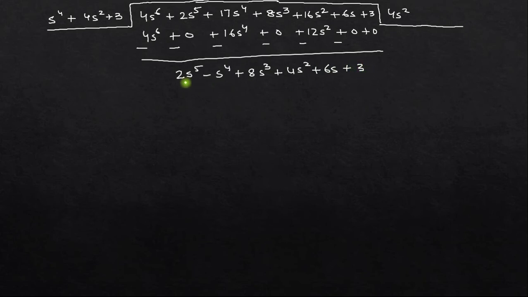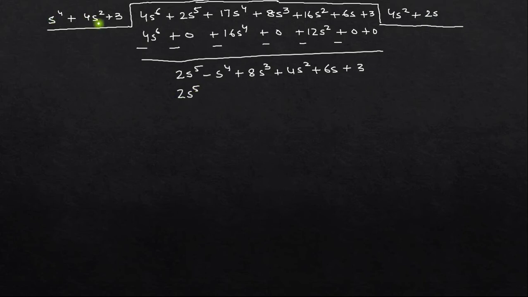Now I will continue the division. I need 2S^5 and I have S^4. So what can I do? I can multiply 2S with this to get 2S^5, so I will mark plus 2S here. Multiplying 2S with S^4, I will get 2S^5.